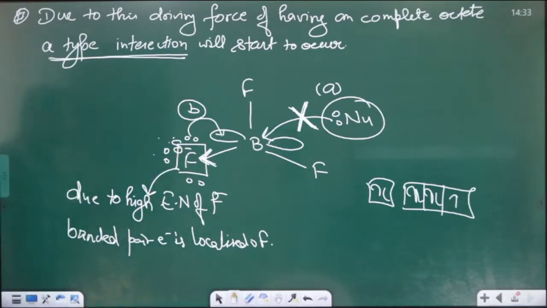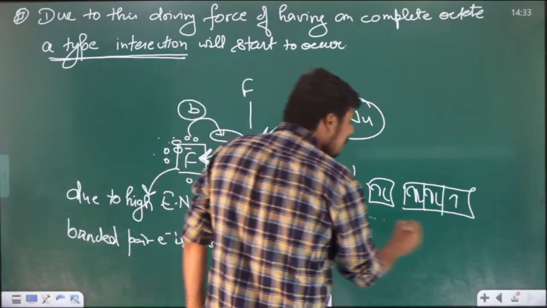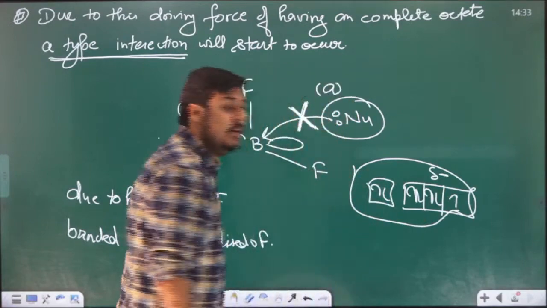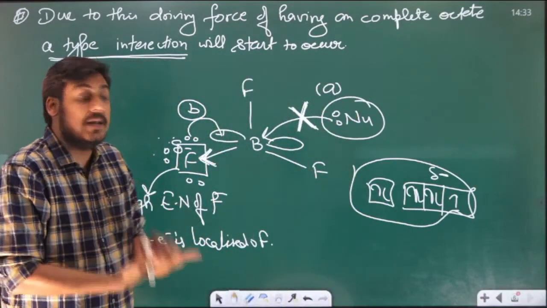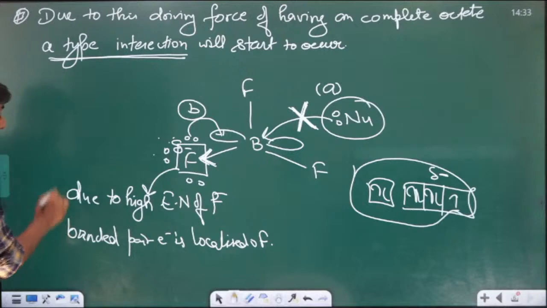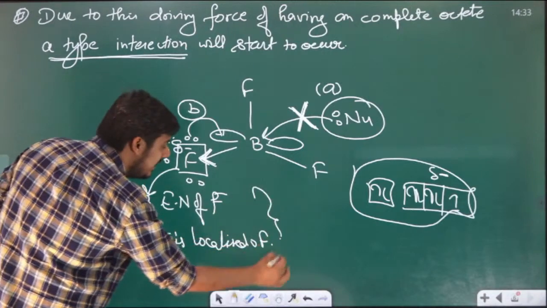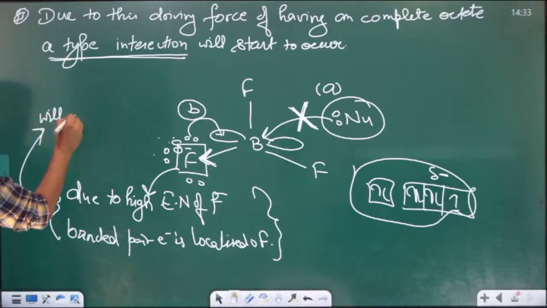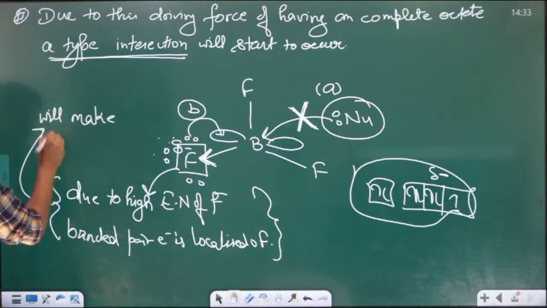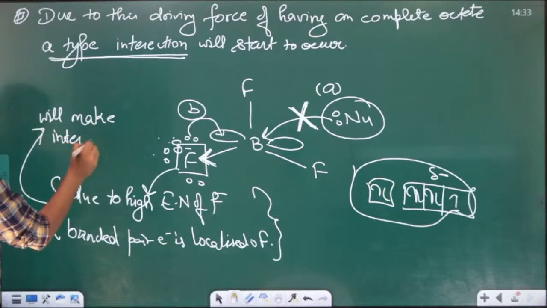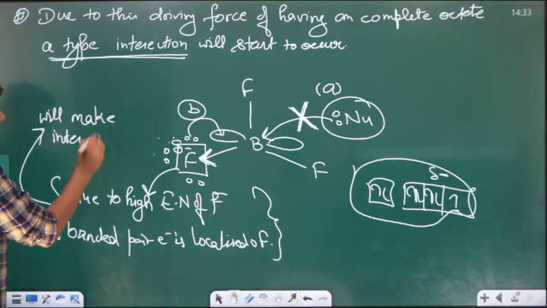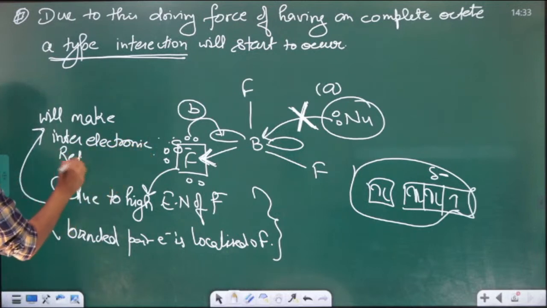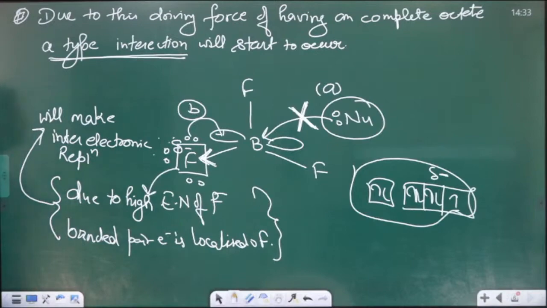It is already highly occupied by electron density, and this extra negative charge will cause inter-electronic repulsion, and this inter-electronic repulsion will be responsible for fluorine to donate electron density.